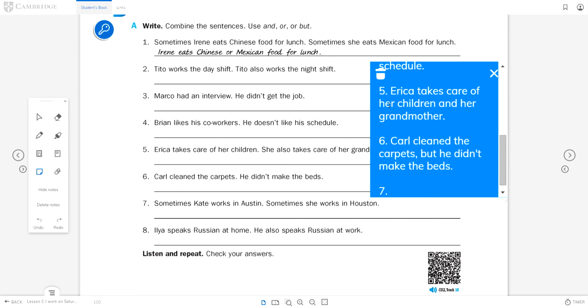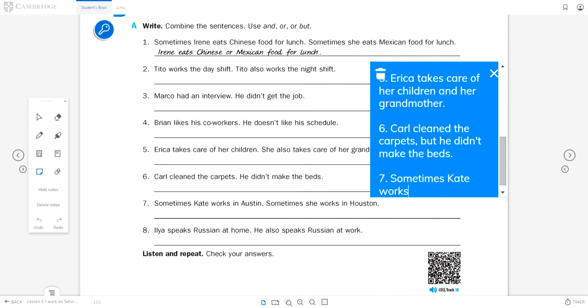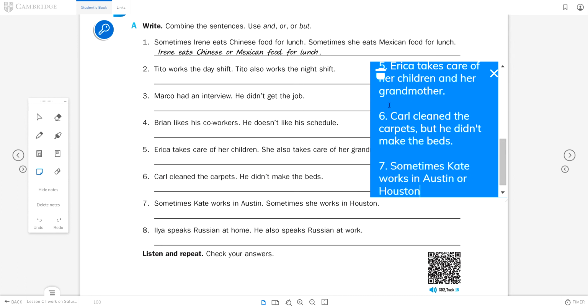We use or, and it's like this. Sometimes Kate works in Austin, and what do you do here? Or Houston, that's it. Sometimes Kate works in Austin or Houston. Okay?